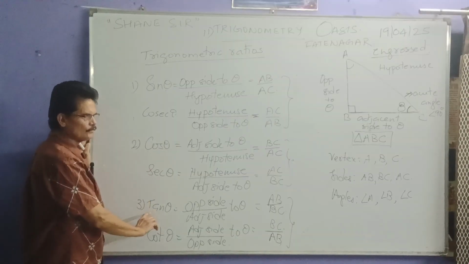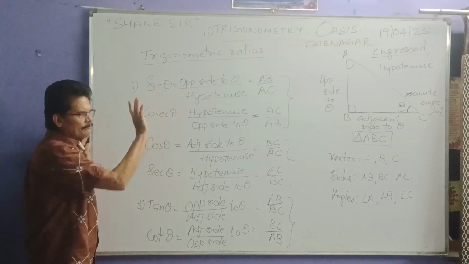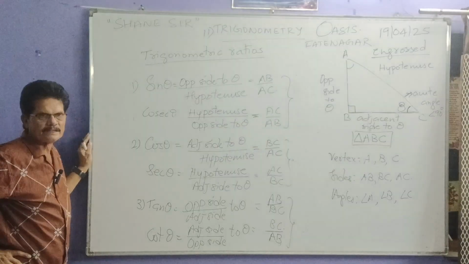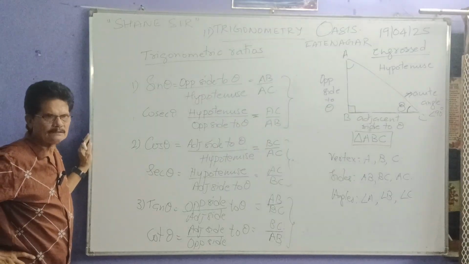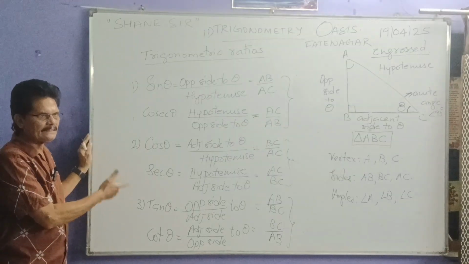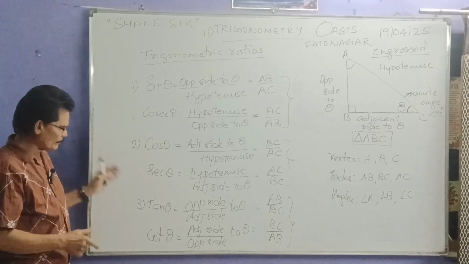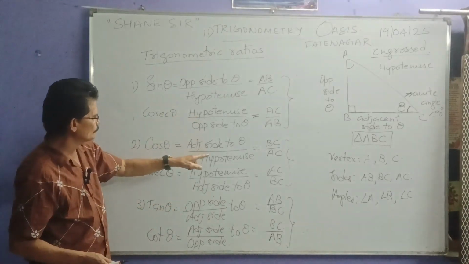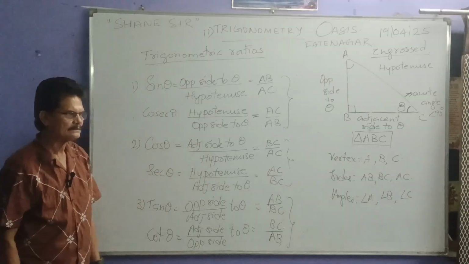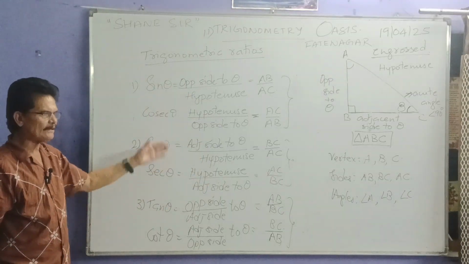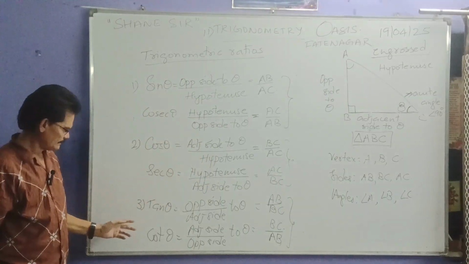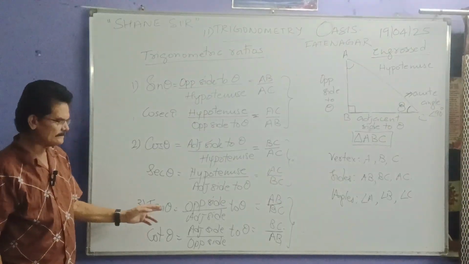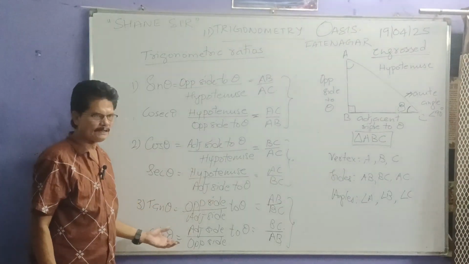So you can see here that tan and cot don't have any relation with the hypotenuse. You can see hypotenuse in the above four, but in tan and cot it is independent of the hypotenuse.